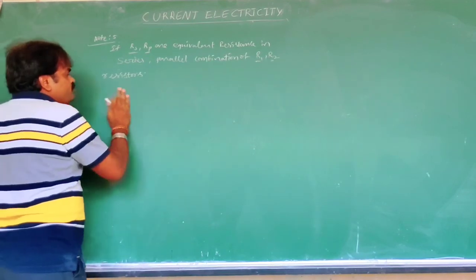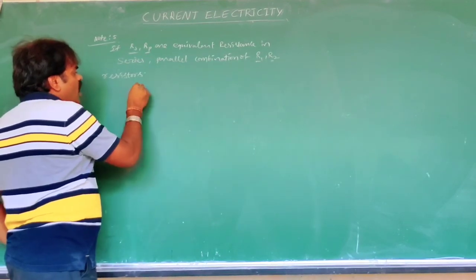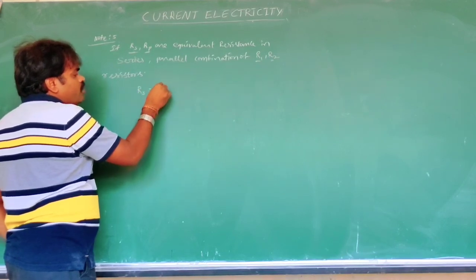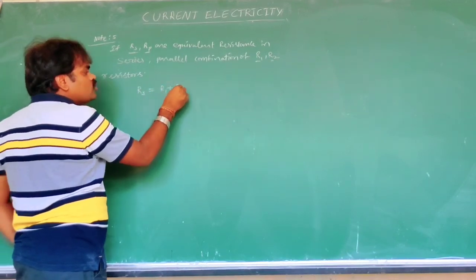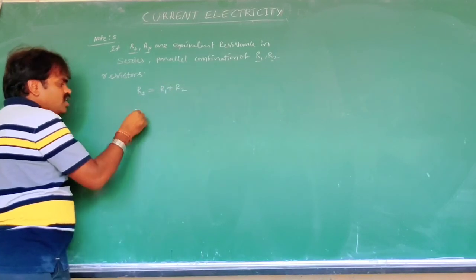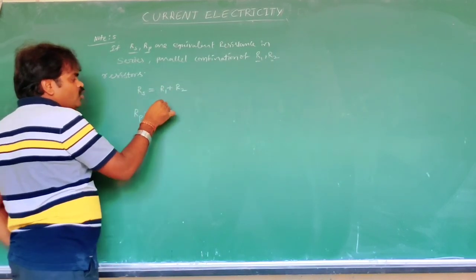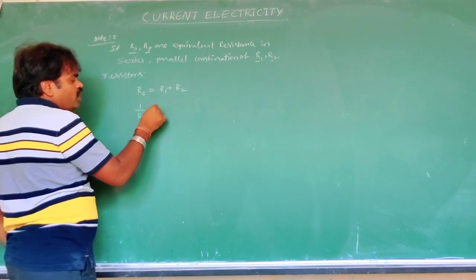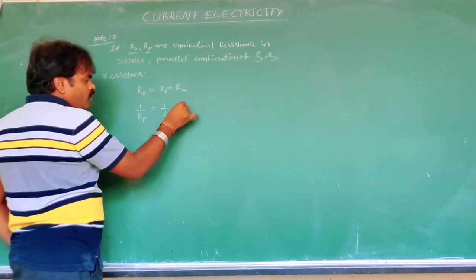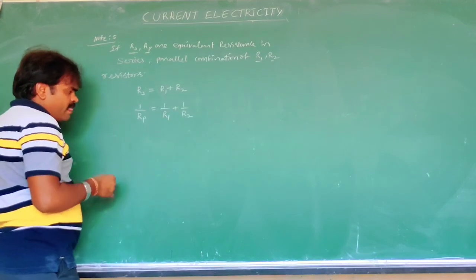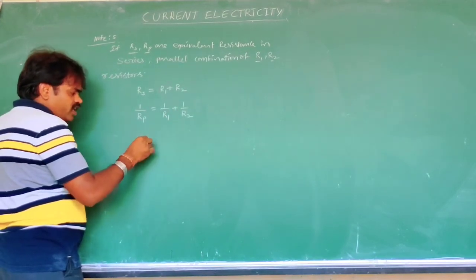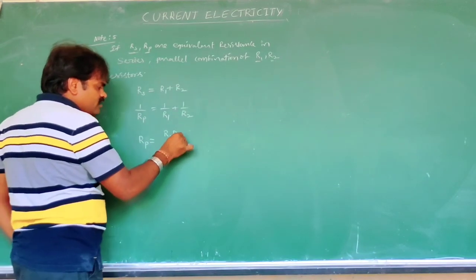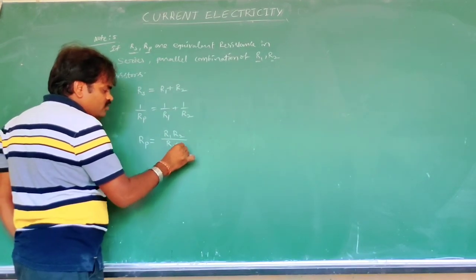Now here, first RS is equal to, in the series combination, R1 plus R2. In parallel combination, 1 by RP is equal to 1 by R1 plus 1 by R2. Then simply you write, take LCM, RP is R1 R2 by R1 plus R2.